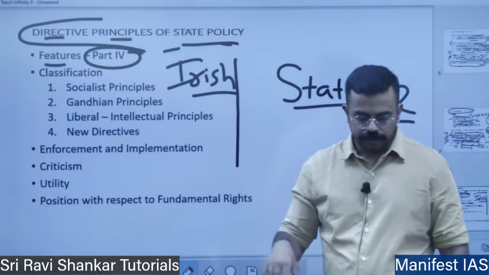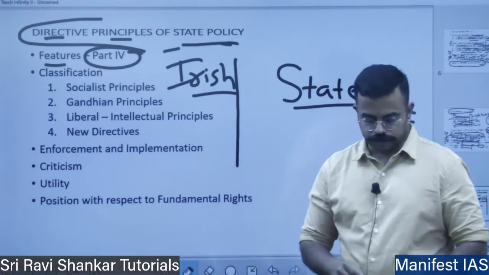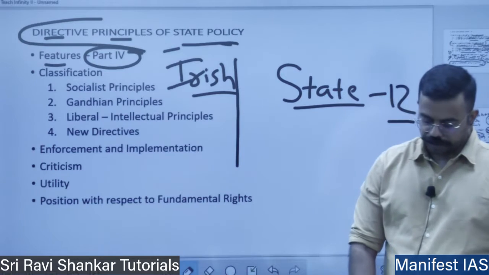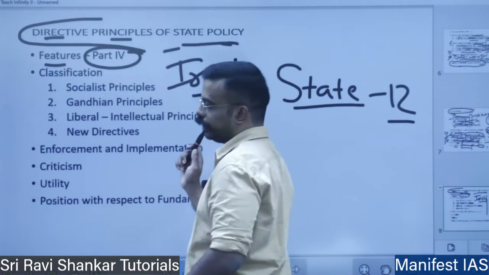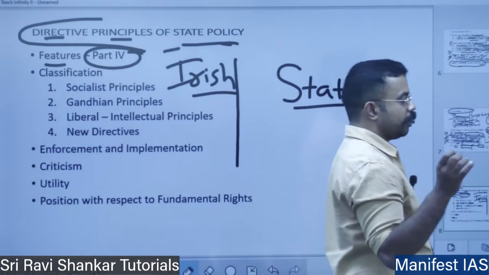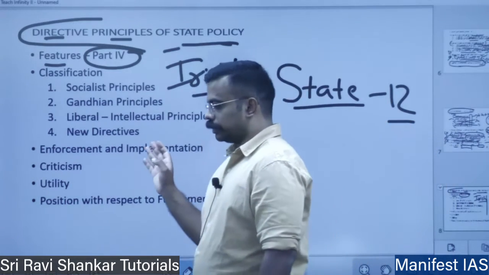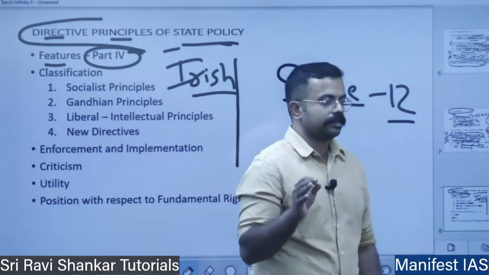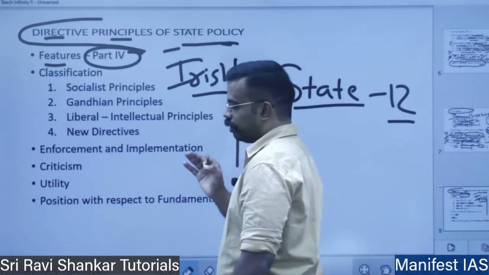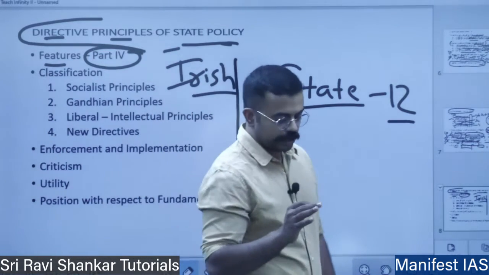It also resembles the objectives resolution, and it involves social, economic and political principles. Fundamental rights are only political. Directive principles include social, economic and political principles which have to be followed. Principles means values, ethics, ideals which have to be followed by the state, government or parliament while forming policies.